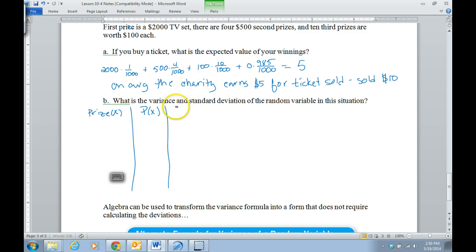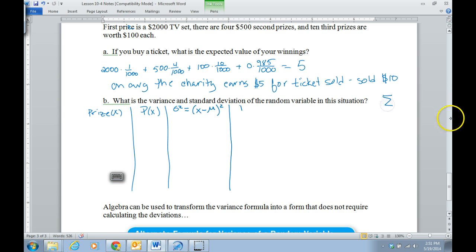Okay, our squared deviation, so that's that little sigma squared, which happens to equal X minus mu squared. That's a little baby sigma squared. What's the difference between a baby sigma and a big sigma?